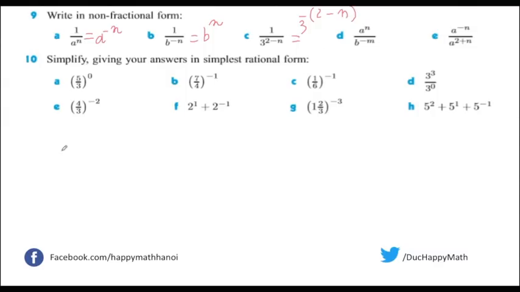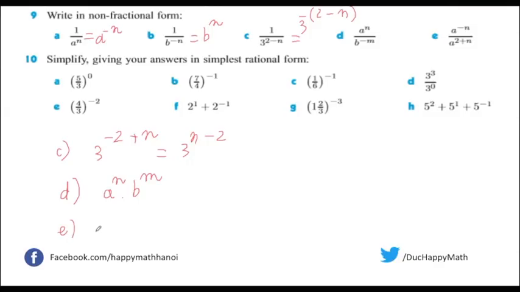So I can write c here like 3^(-2+n). It means 3 to the power n, negative 2. And d and a^n unchanged, and the change position of b to the power negative m becomes times b to the positive power m.